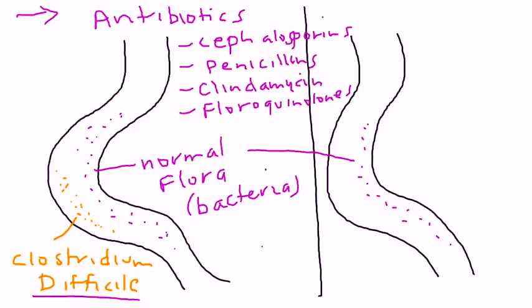Well, what does the antibiotic do? The antibiotic is given to treat the infection, but it wipes out their normal flora, but it doesn't clean out the Clostridium difficile, and as a result, the Clostridium difficile is now alone and no longer has the competing bacteria, and as a result it proliferates. And once it starts to proliferate, it basically causes this diarrhea.